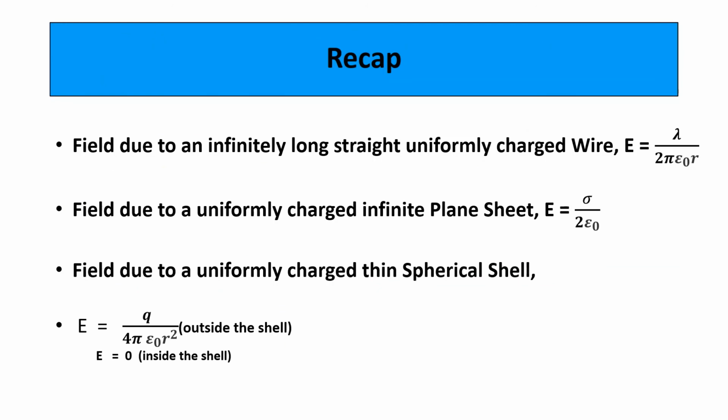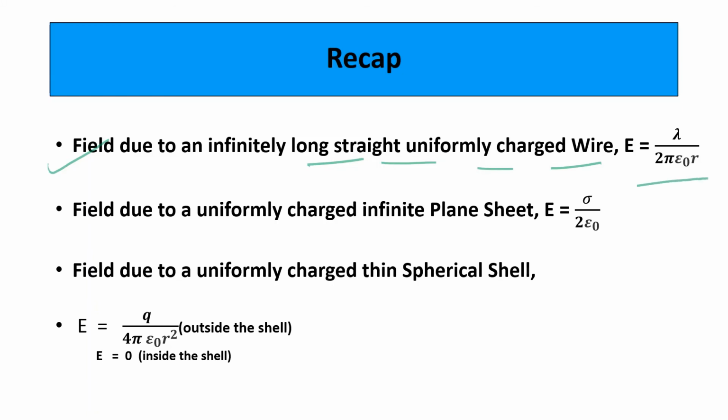In this session, we learned about the applications of Gauss's law. We already learned Gauss's law and how to find the electric flux. In the applications, we learned to find the electric field due to an infinitely long, straight, uniformly charged wire. We got the expression E is equal to lambda by 2 pi epsilon naught r.